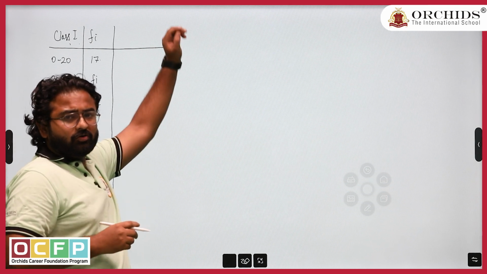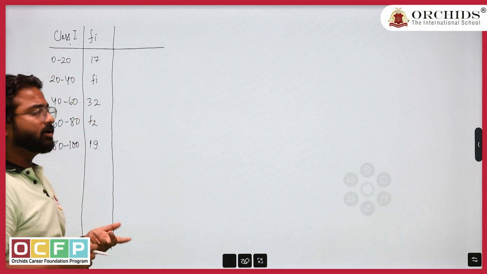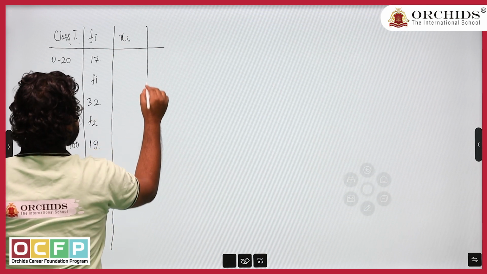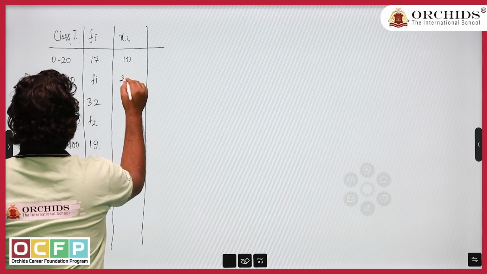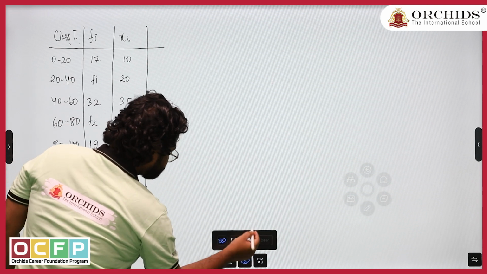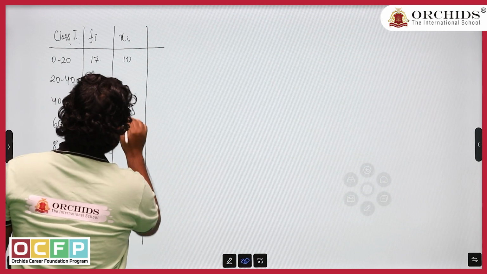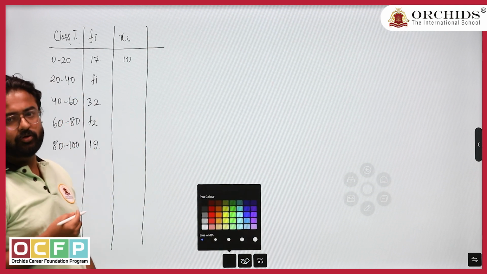Now we are going to figure out the class mark. Class mark xi is upper limit plus lower limit by 2. Xi is 10, 20, sorry. See how I got to know that I am making a mistake.